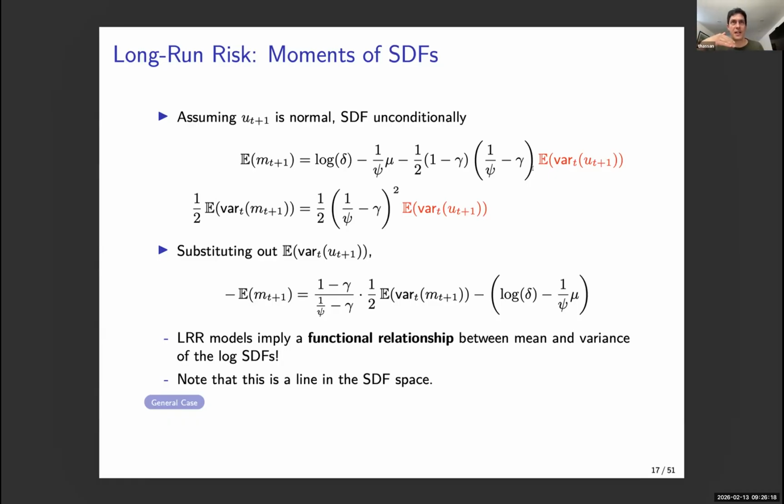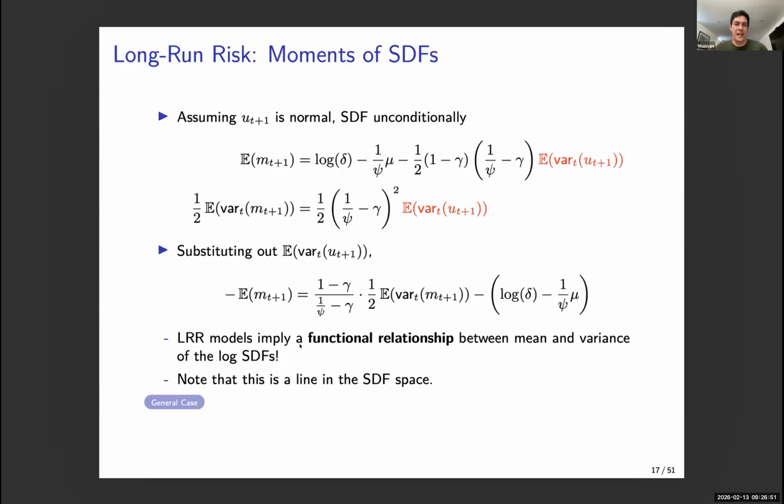That's what makes you want to have information today about what your future is going to look like, and that's really the core thing that these models do. So as long as we're away from time separable utility, so if gamma is not equal to 1 over psi, then both of these are going to depend on this red term. I can plug one into the other and I get this: E of M equals a slope times 1/2 the variance of M plus a constant.